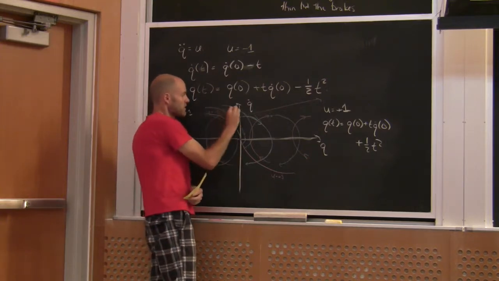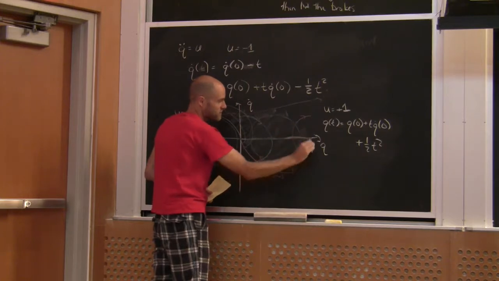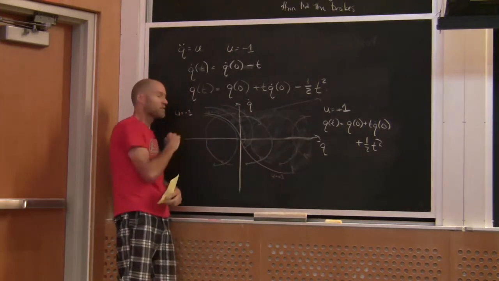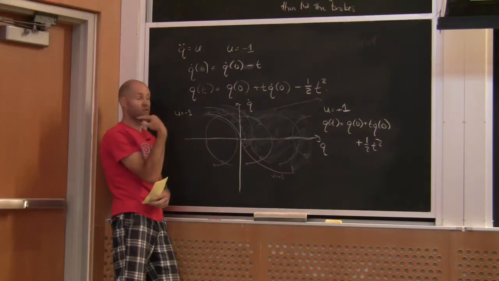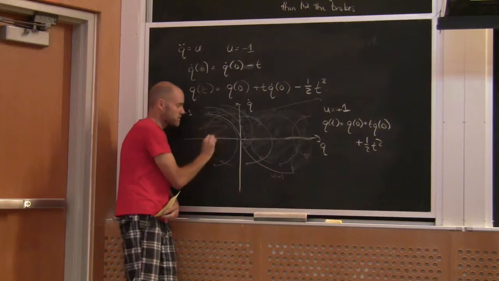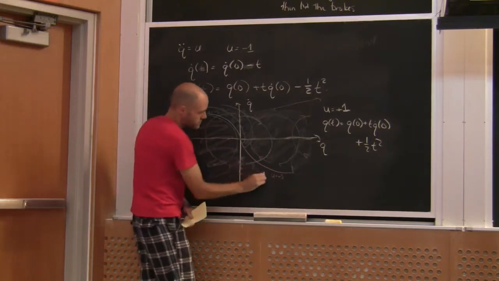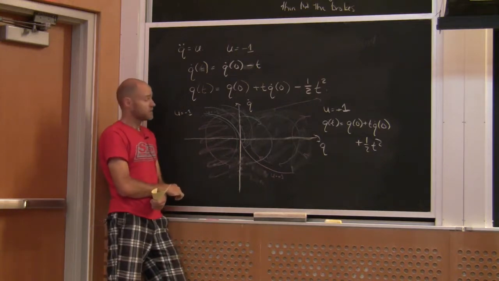So, in fact, the right thing to do is, if you're anywhere over here, you should have u equals -1, max pushing this way. And if you're anywhere over here, you should be doing u equals +1.